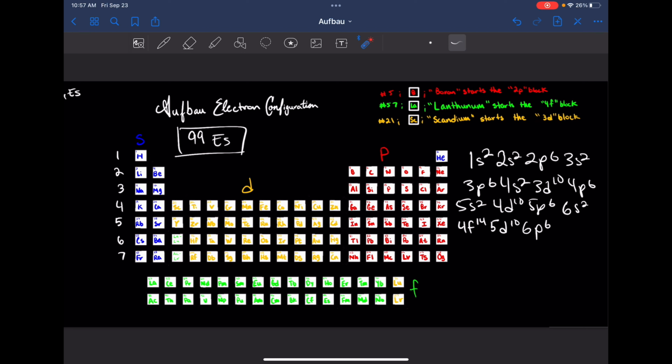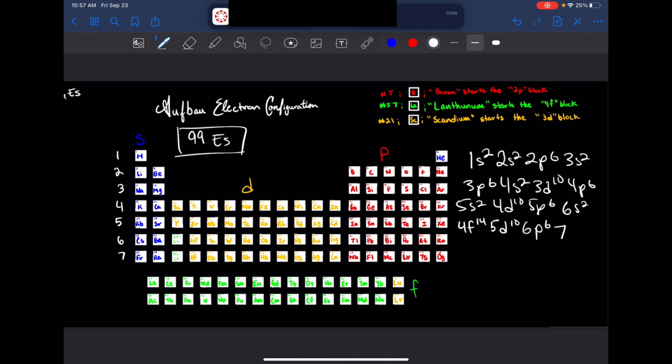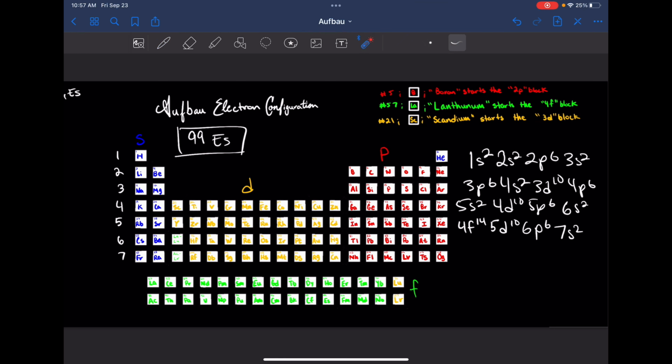Then we start the period 7s, 7s2. Einsteinium is here, I should say that, right here, number 99. So we're almost there. 7s2. Then we're back in the F block, actinides.